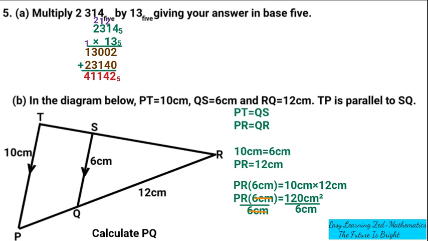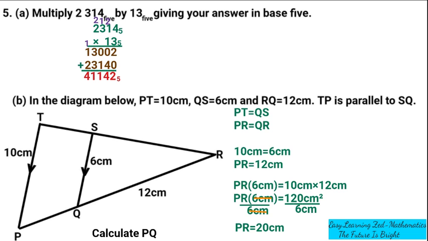Then 120 centimeter squared divided by 6 centimeter will give us 20 centimeter. Now 20 centimeter is the length of the line PR. The entire line is equal to 20 centimeter.